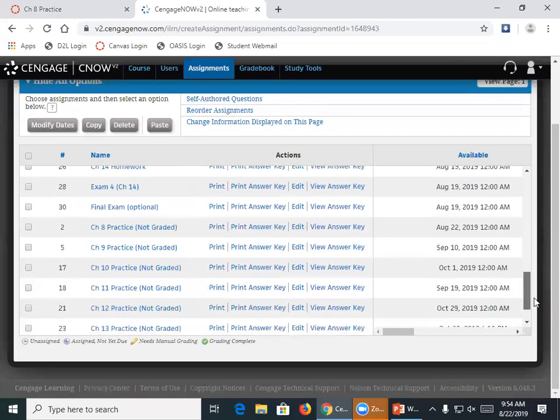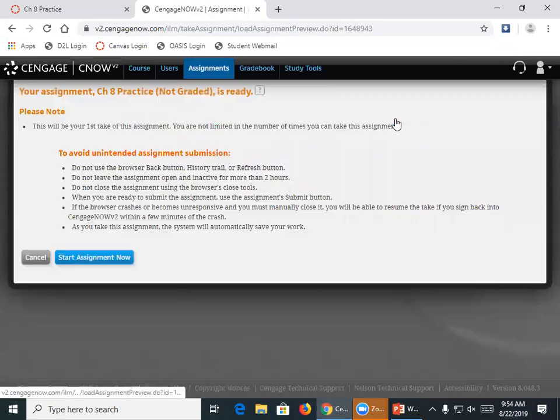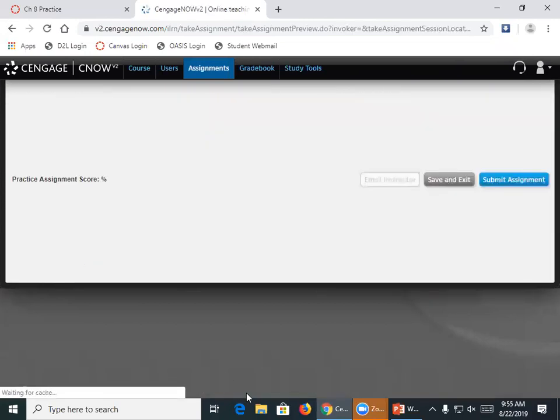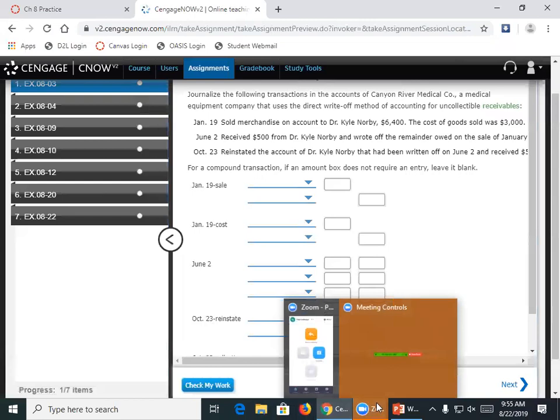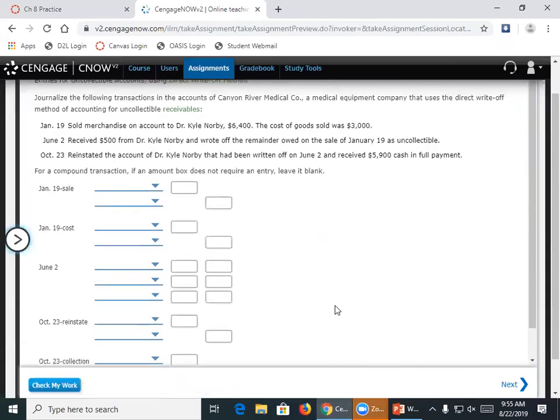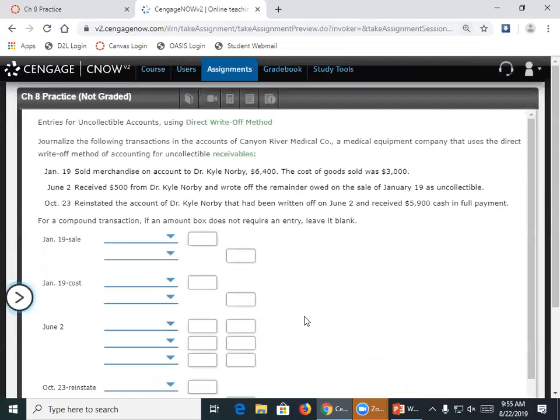Okay, you should be able to get in now. So the Chapter 8 practice, you may have to reload it, click back on it. It should just say Chapter 8 practice.